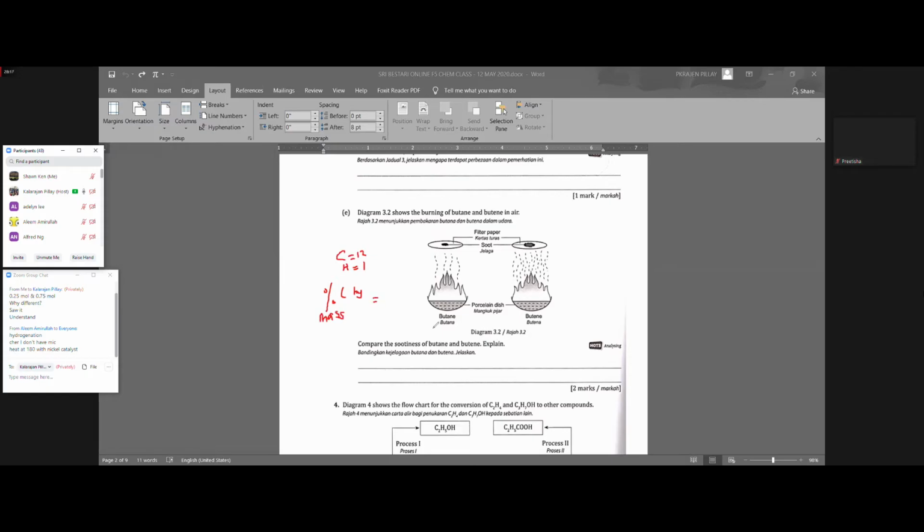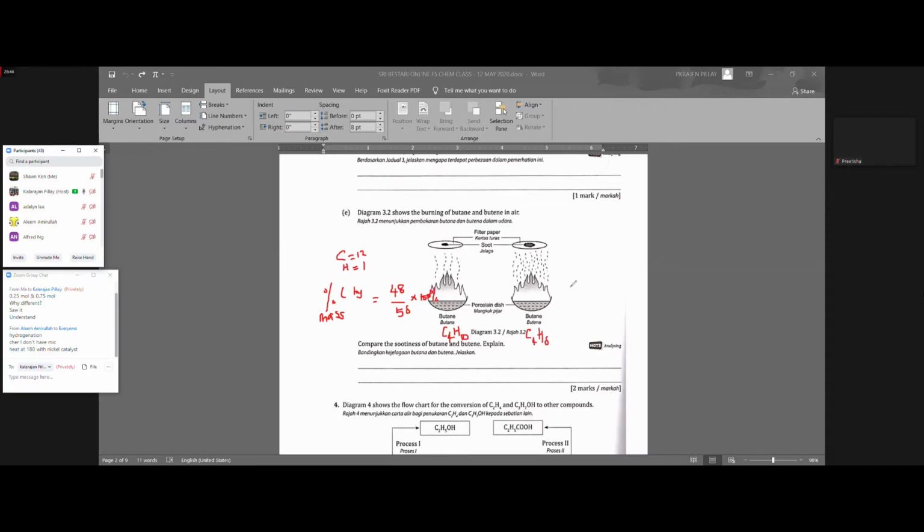Okay, let's try. This is C4, of course, remember the chemical formula. This is C4H10. Okay, so 12 times 4 is 48. Divide by the RMM for butane, which is 58. Times by 100%. Okay, work out the percentage for me. Here for butene will be C4H8.